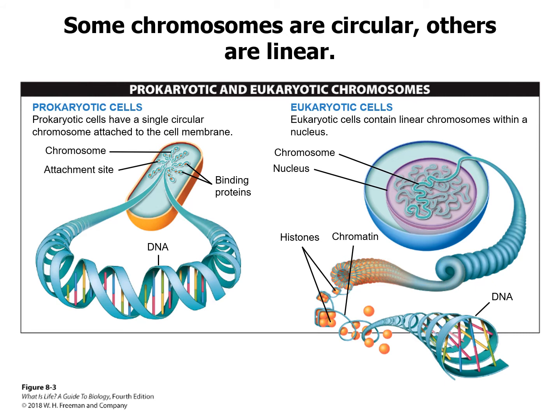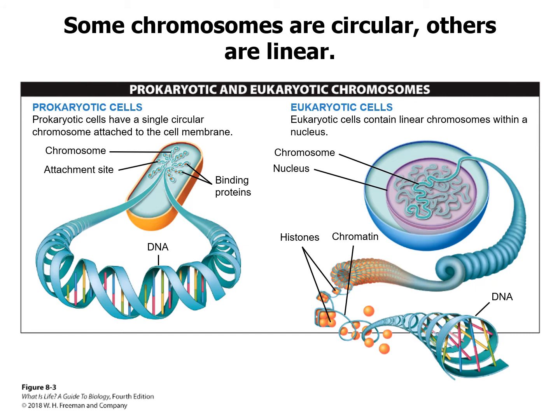So some chromosomes are going to be circular and others are linear. We've talked about this before, but the big thing I want you to get out of this slide is the difference between prokaryotic and eukaryotic cells as far as their chromosomes go. Prokaryotic cells are going to have a singular circular chromosome attached to the cell membrane.